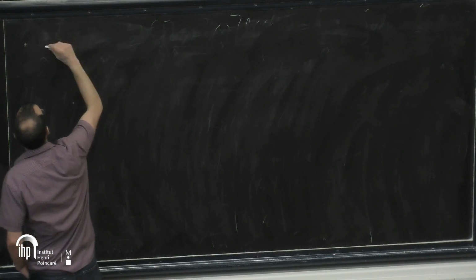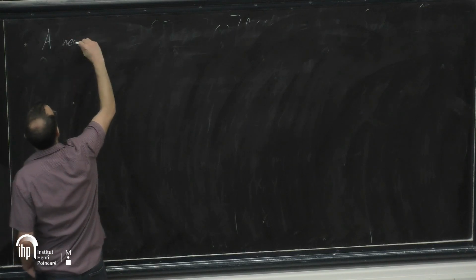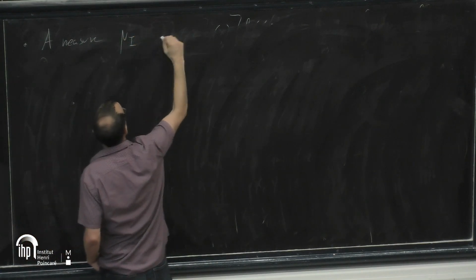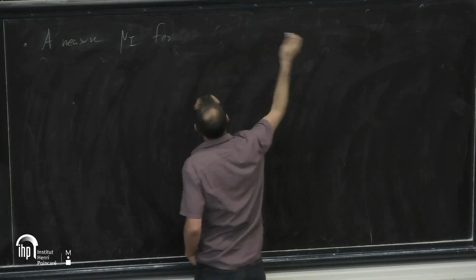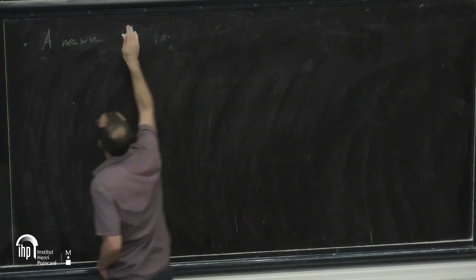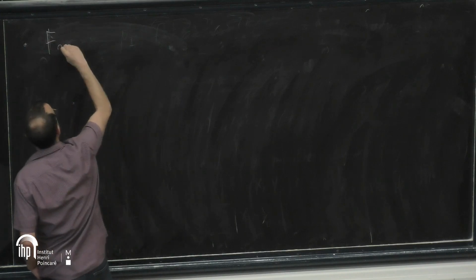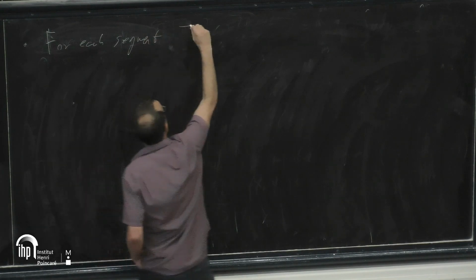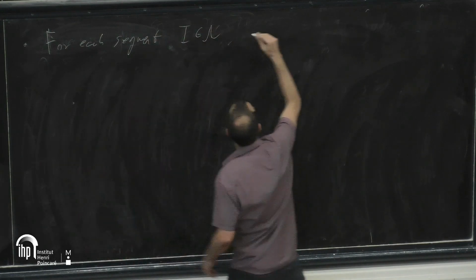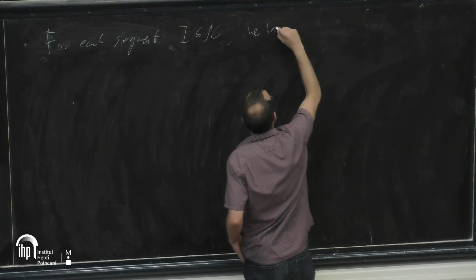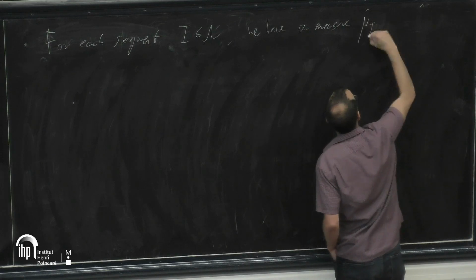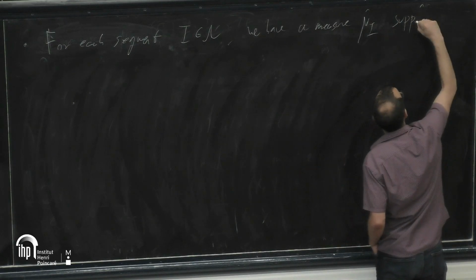There is a family of measures mu I, for each segment I in this collection, a measure mu I supported on this segment.